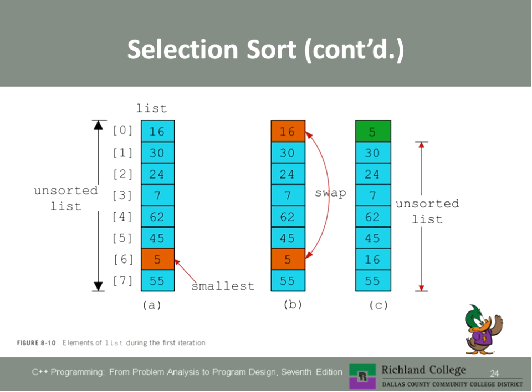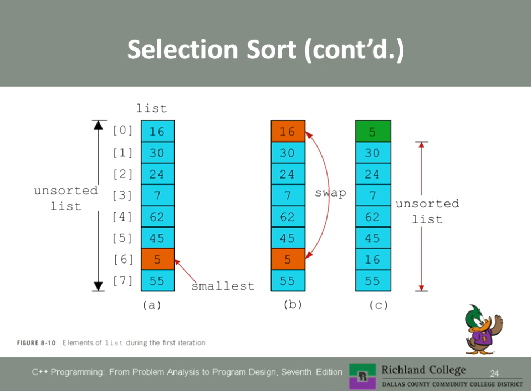So how does that work? You can see that we have an element. Now, when we're talking about swapping elements, we don't swap like you would swap on a piece of paper.